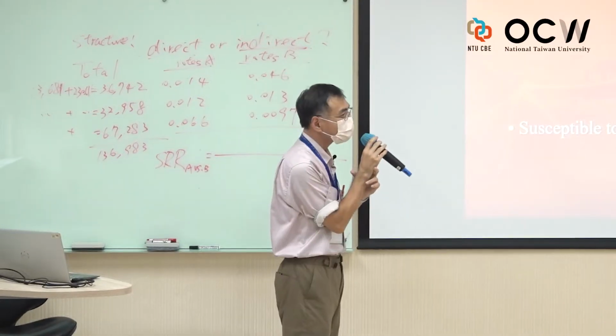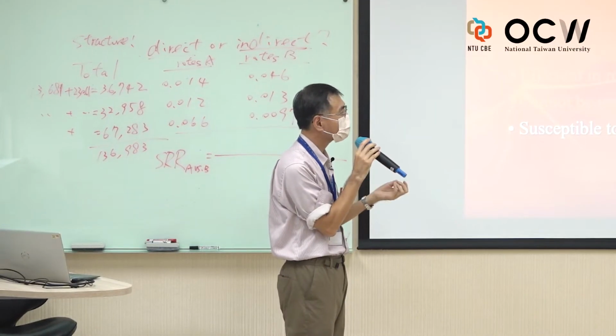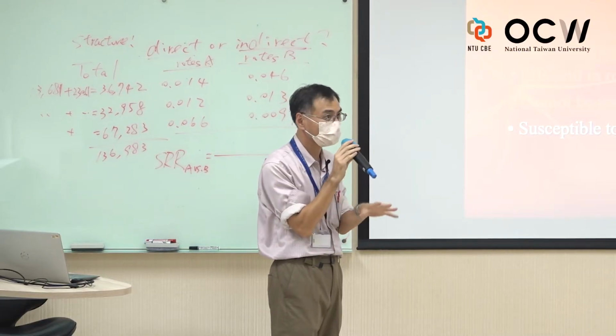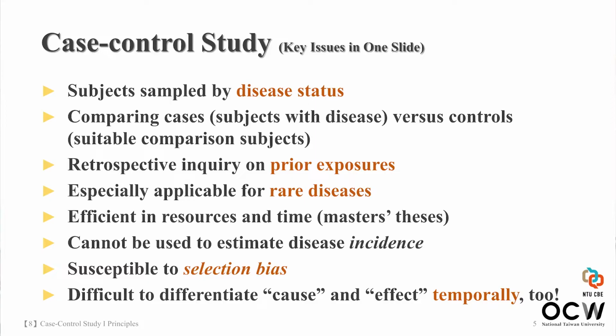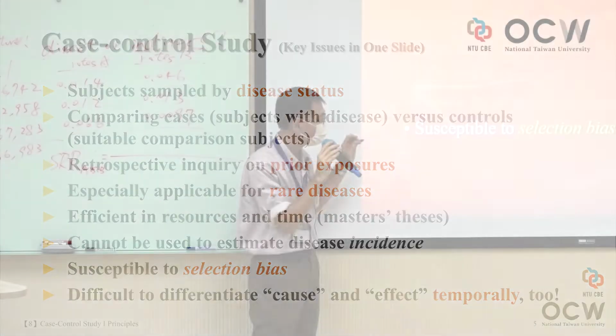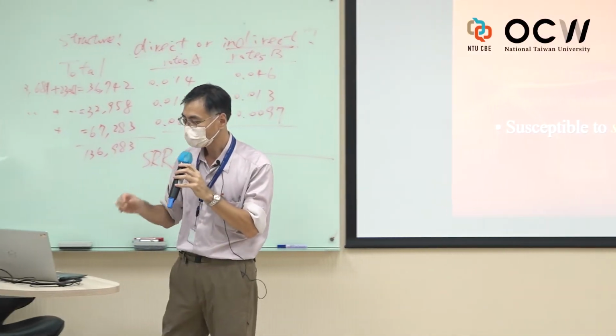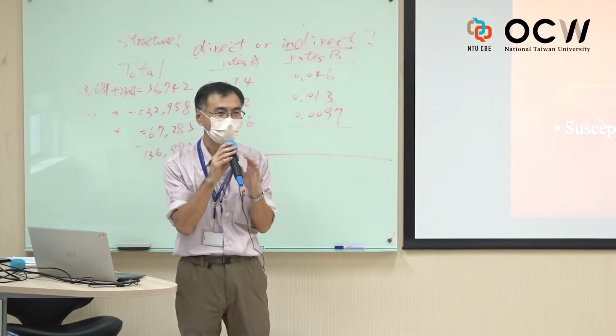And for a case control study, the process of choosing cases and controls, especially the control group, is pretty susceptible to selection bias. I will spend a lot of time and effort on selection bias next week. So today you just need to know that case control studies are vulnerable to selection bias. And selection bias is not possible to control.